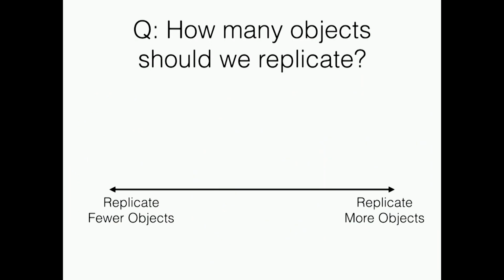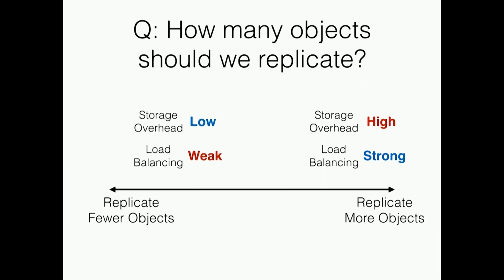But there is a question of how many objects we should actually replicate. By replicating more objects, it gives us more opportunities to balance load. But over-replication will significantly increase storage overhead. On the other hand, if we do not replicate enough objects, then we won't have enough load balancing benefit from this approach.